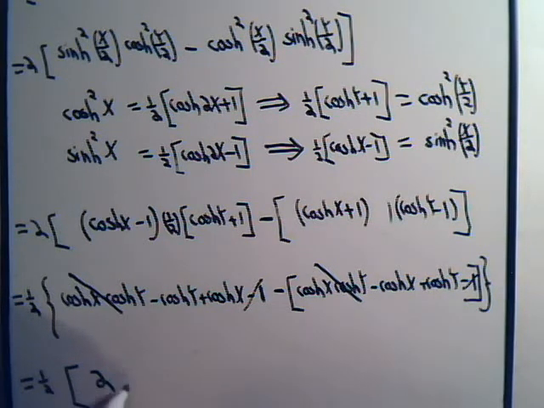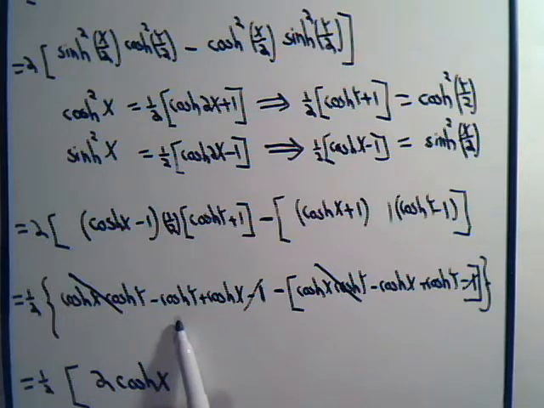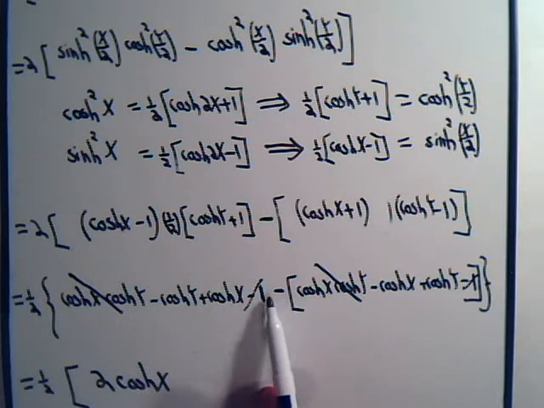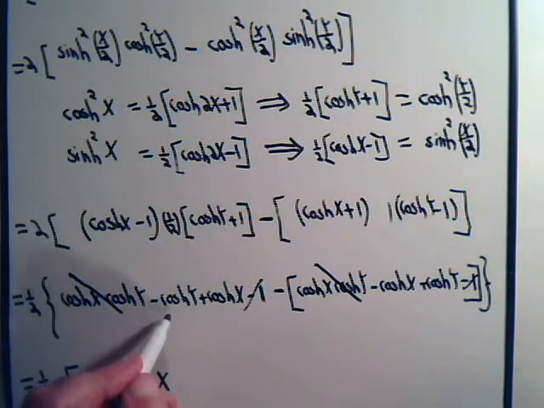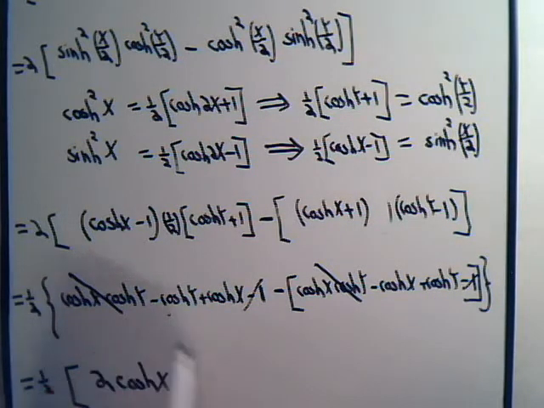That's 2 times the hyperbolic cosine of x. And here we have minus hyperbolic cosine of y. So it's minus hyperbolic cosine of y. That's minus 2 times the hyperbolic cosine of y.